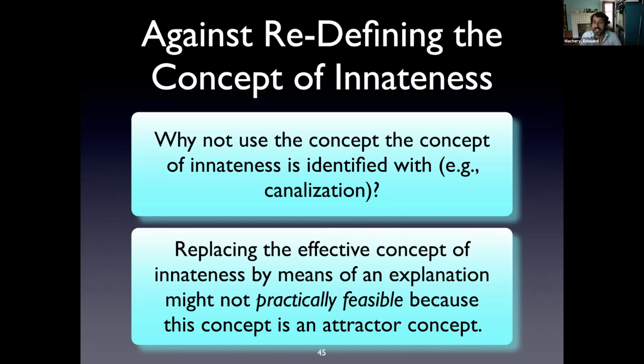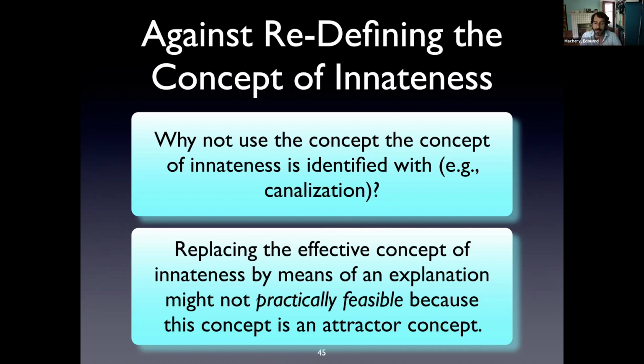So any explications that philosophers of science, philosophers of biology, of cognitive science, and scientists themselves might propose of that concept will have little to no effect on the effective concept of innateness that drives scientists' thought in their everyday scientific practices, right?